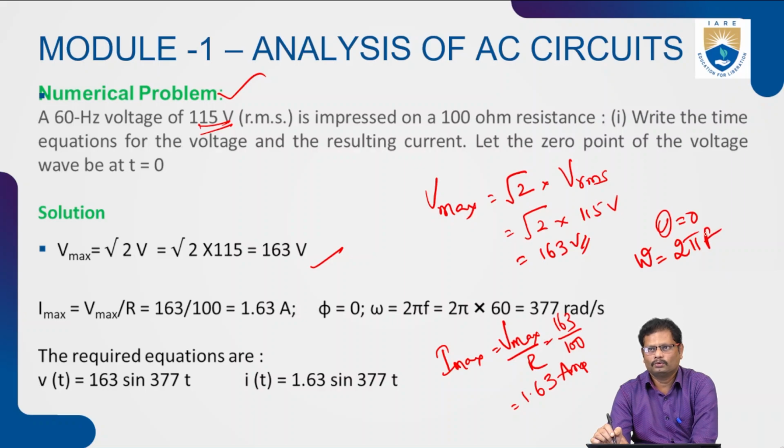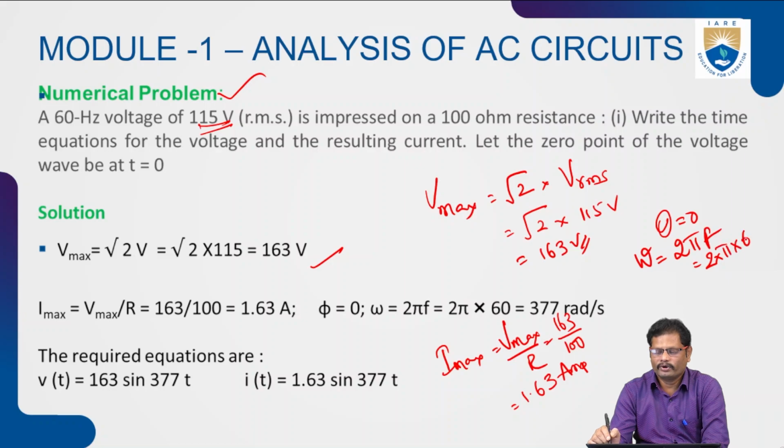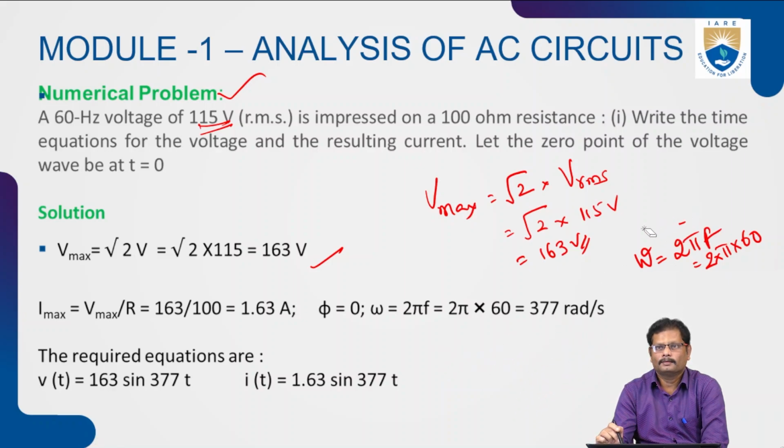So 2, pi value 3.14, and f, the supply frequency is given as 60. So 2 into 60 hertz, pi into 60, so 120 pi. Also it is nothing but 377 radians per second. Angular velocity units are radians per second.